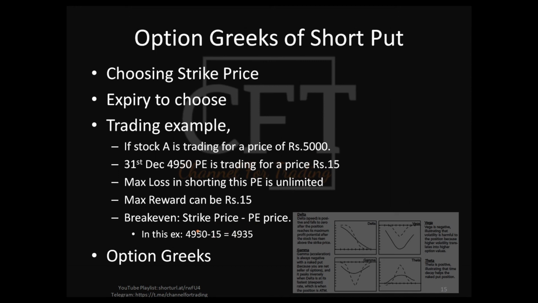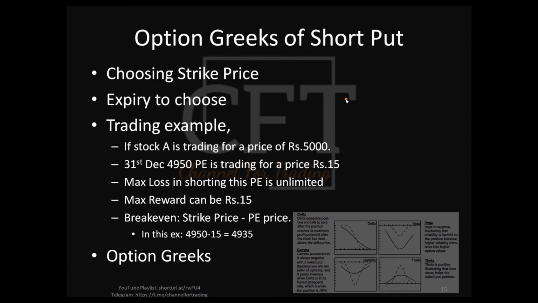And if the price goes above the 4950 mark, because when we do shorting of put option, that means we have to be bullish on that stock. In that case, we will do shorting of put option. In case of shorting of call option, we are expecting the market to go down.